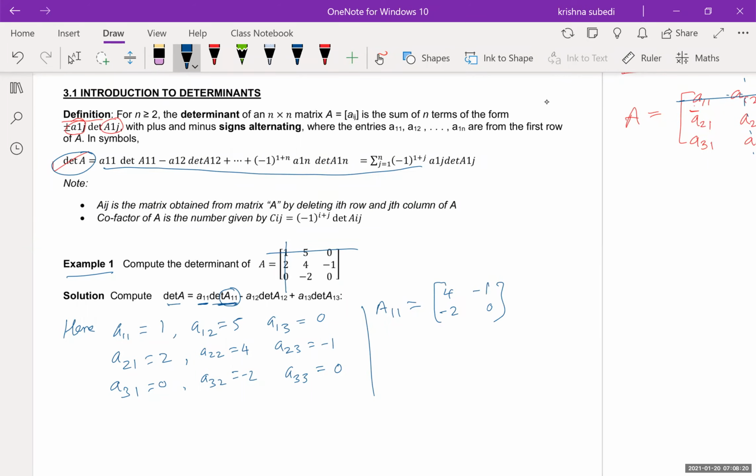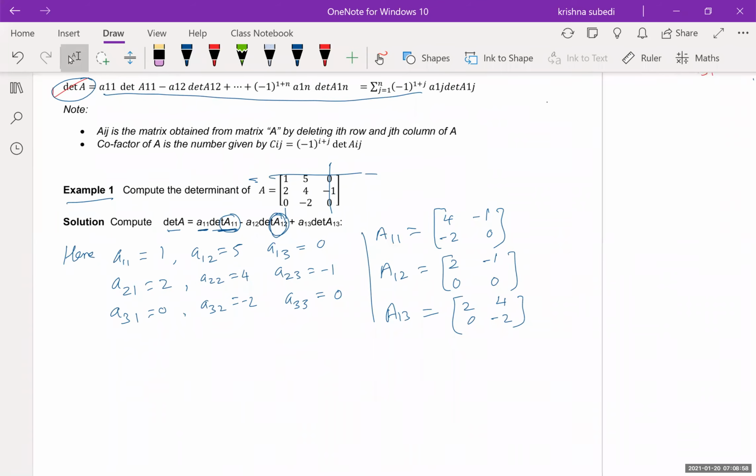So that's our A_11. And we need to figure out what A_12 is. I need to ignore the first row and second column. Delete that. Whatever is remaining, write it down, which is 2, -1, 0, and 0. And A_13, that's what we need. We delete the first row and third column. So the remaining is 2, 4, and 0, -2.